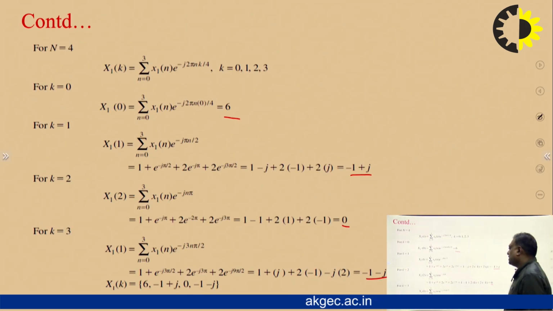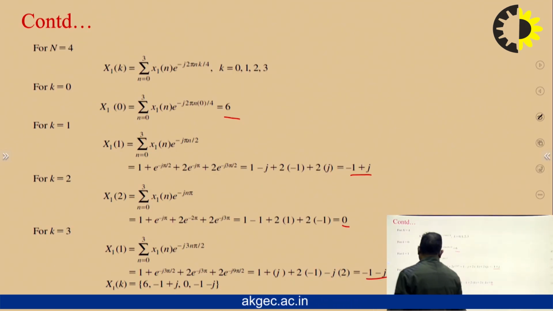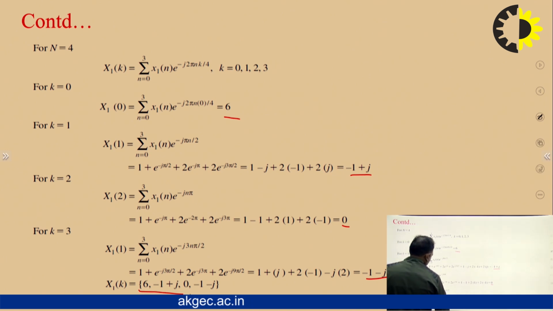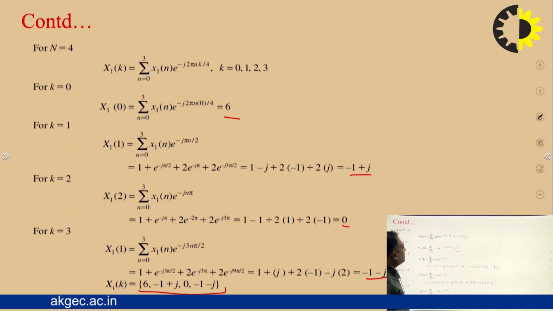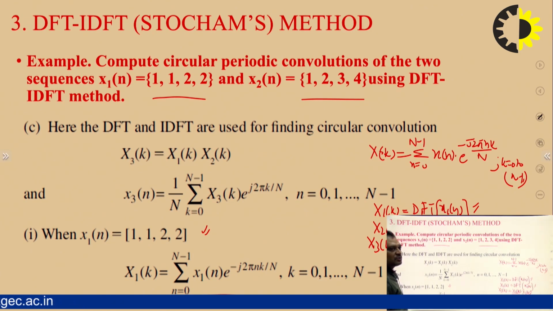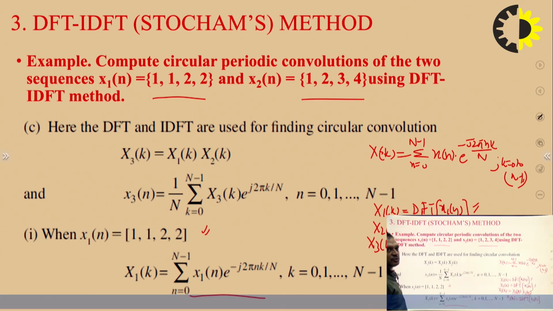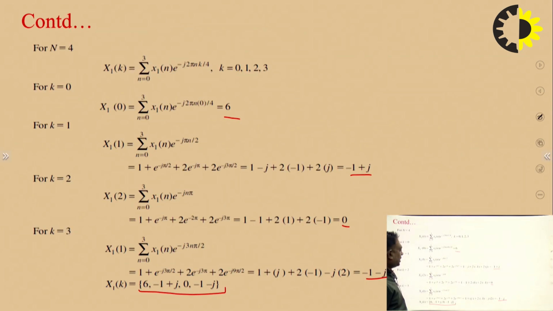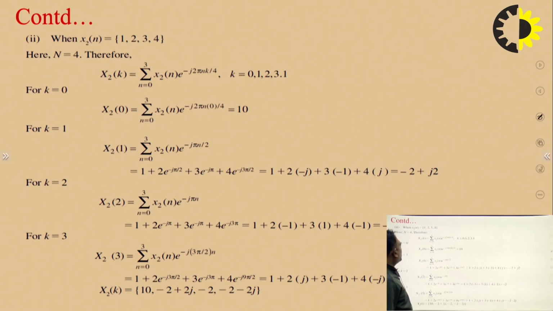Now for the second sequence x2(n), equal to 1 2 3 4, we again compute the 4-point DFT. The values are 10, -2+2j, -2, -2-2j.